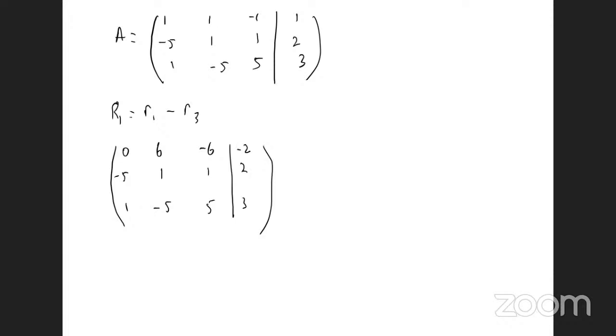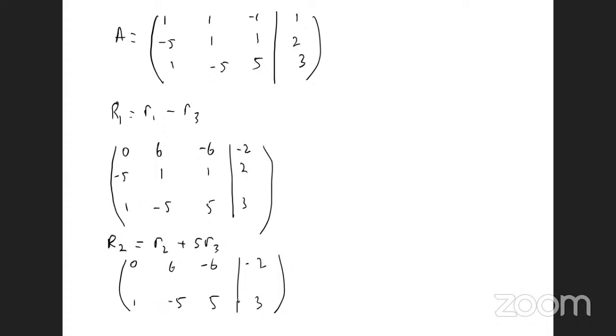And then you want to get a 0 in row 2. So I'm taking the old row 2 and adding it to 5 times row 3. So this is 0, 6, minus 6, minus 2, 1, minus 5, 5, 3.